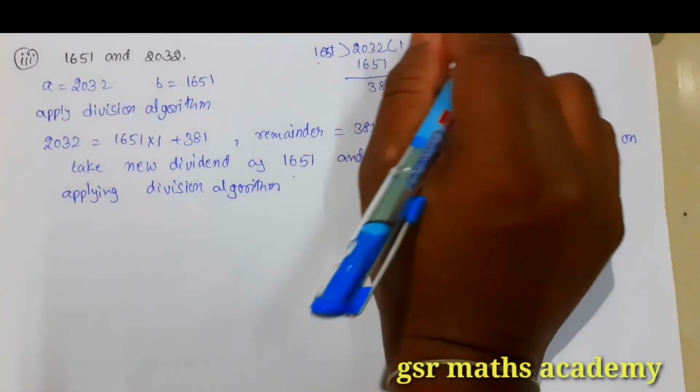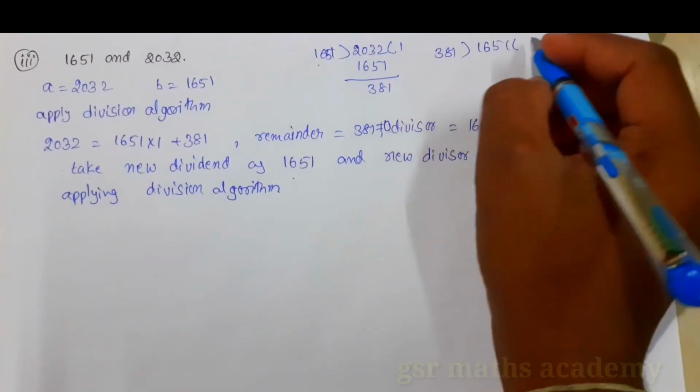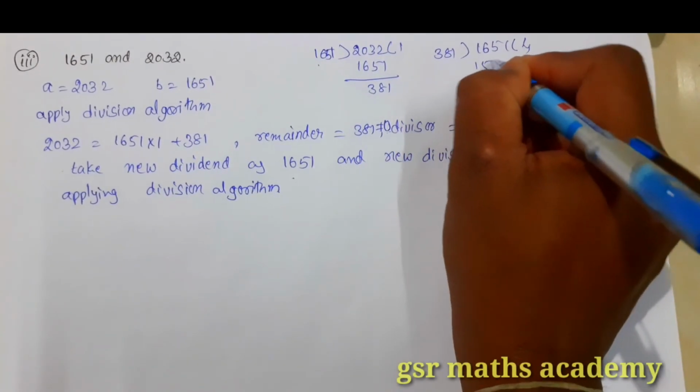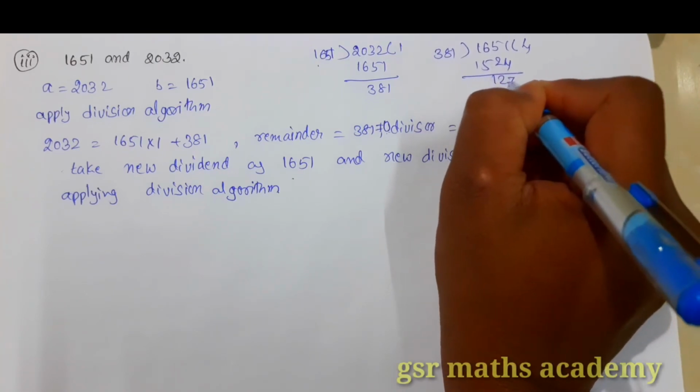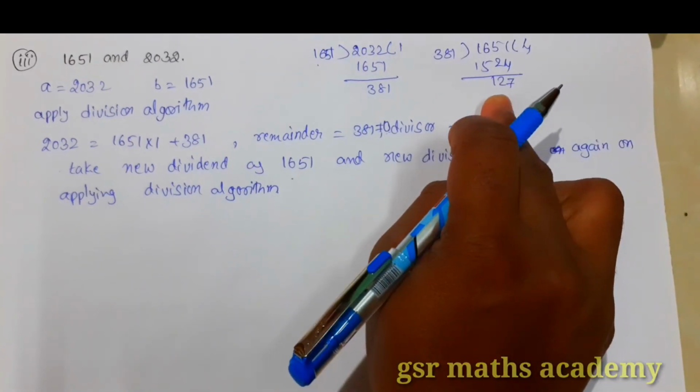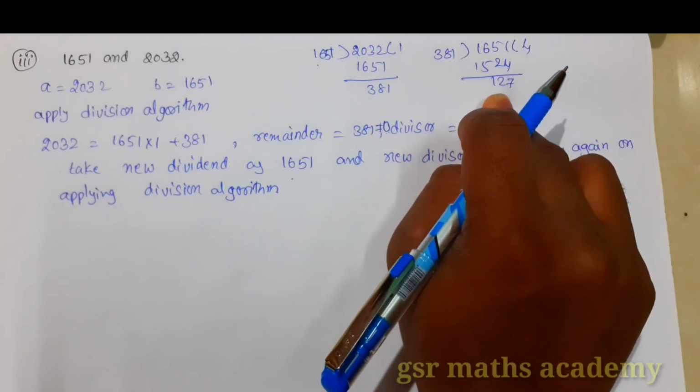Again on applying division algorithm, now we need to divide this. On dividing this, 381 fours are 1524. On subtracting it you get 127. Again the remainder is 127, which is not equal to 0.